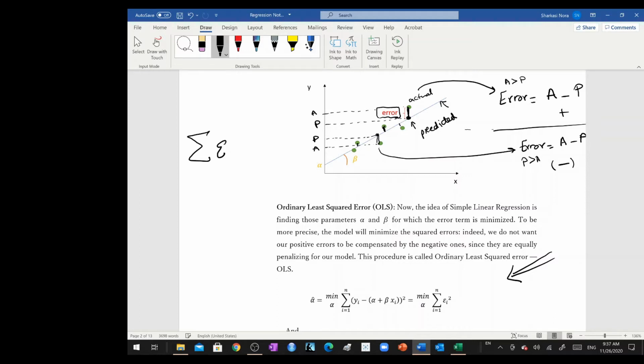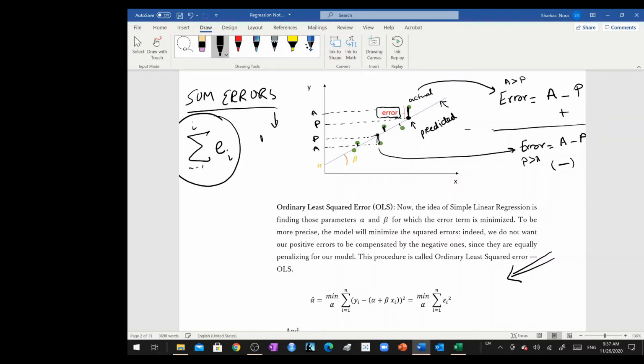Let's say that this is error i, where i is 1, 2, 3, 4, 5, 6, and so on. So this is the measure that we would like to find out, the sum of errors over here.